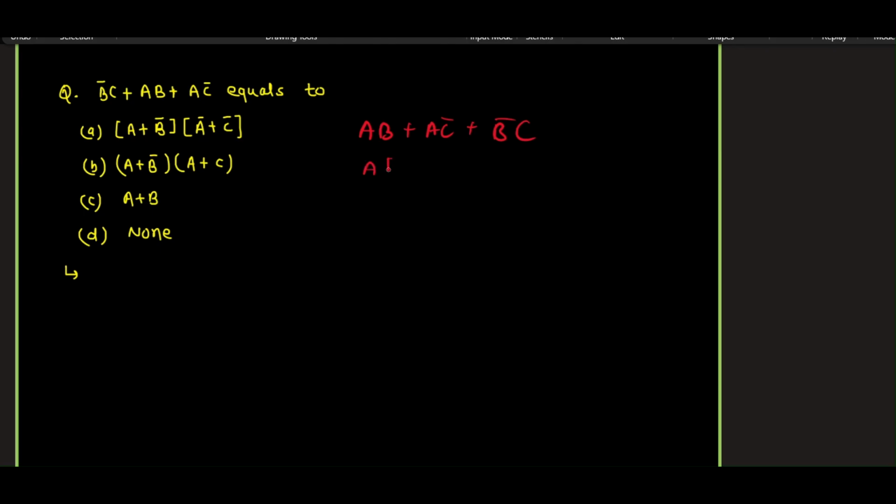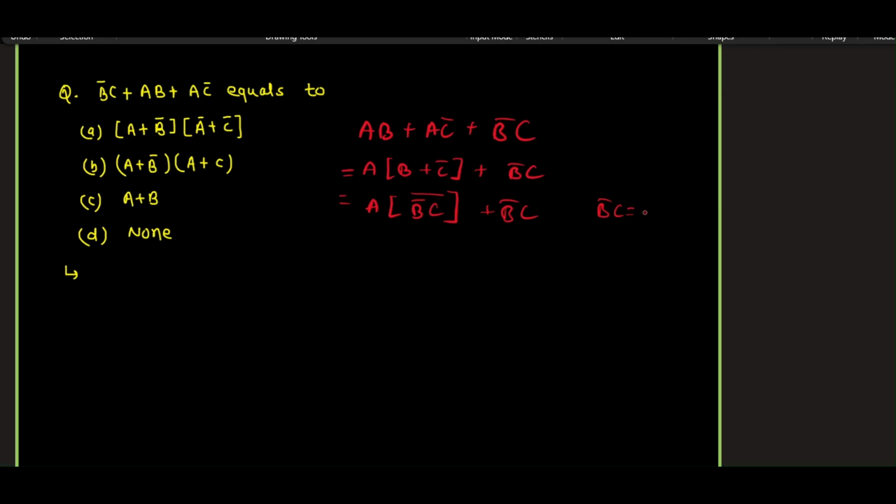I'm taking A common here to become B plus C bar, and then here it is B bar C. And then this B plus C bar can be written as B bar C whole bar, right? De Morgan's theorem, and then it will become B bar C.